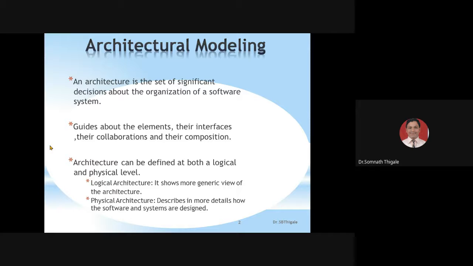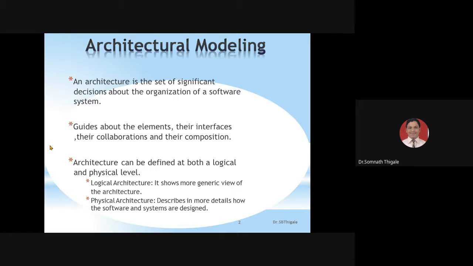It guides us about the elements, their interfaces, their collaborations, and their compositions. Architecture can be defined at both logical and physical level. So logical architecture shows a more generic view of the architecture, whereas the physical architecture will describe in detail how the software systems are going to get designed.